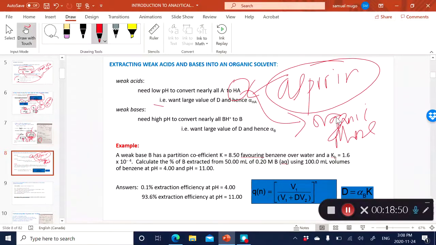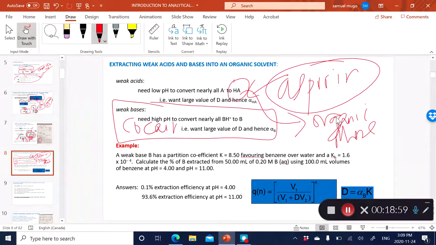On the other hand, if I've got a weak base that I'm trying to extract from water into an organic phase, something like cocaine, all right? Cocaine is a weak base. And so in that case, I need a fairly high pH so that I can convert all the conjugate acid here into the base.